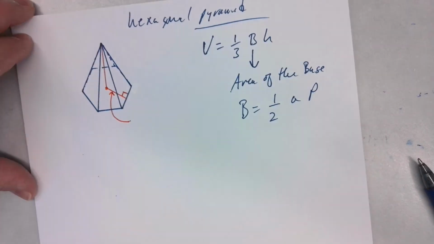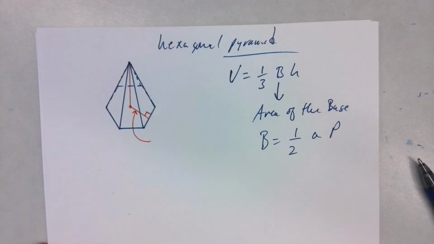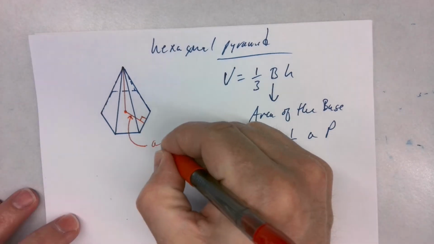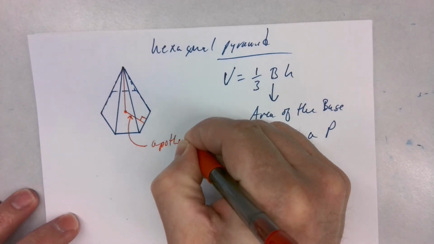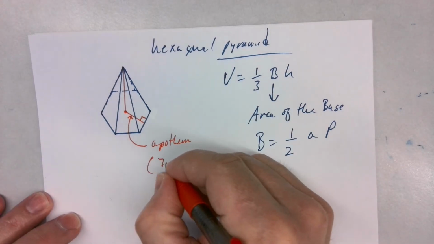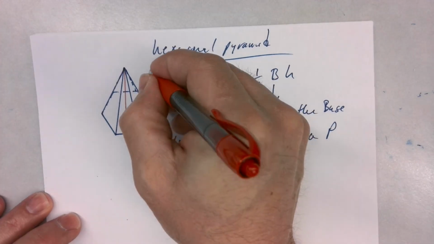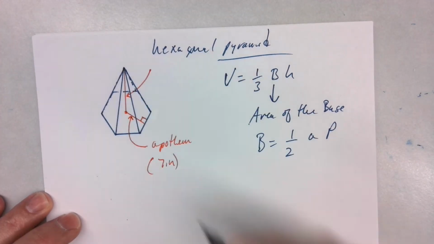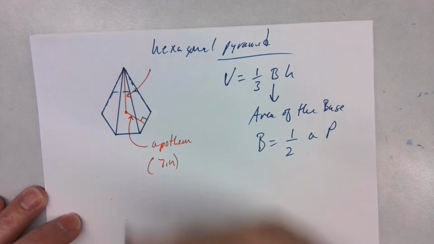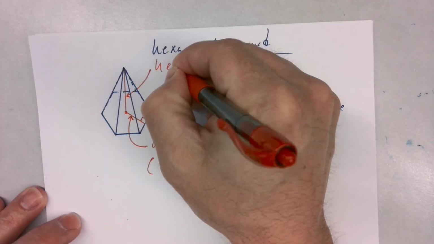What is that line representing? The apothem. Yeah, that's my apothem. In this case, let's make that 7 inches, right? And then that is going to be my what? Height. That's my height.